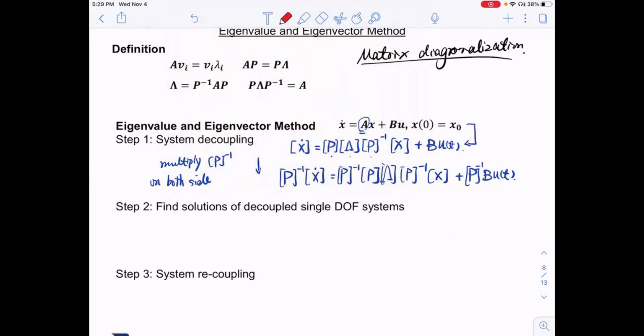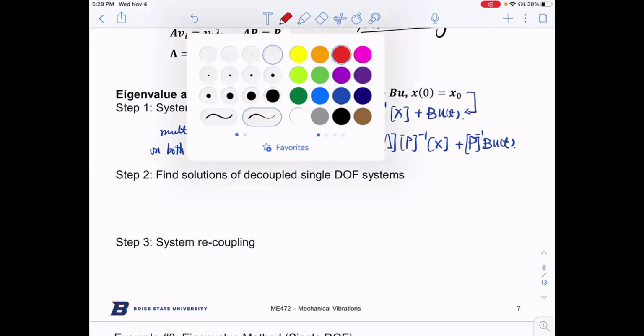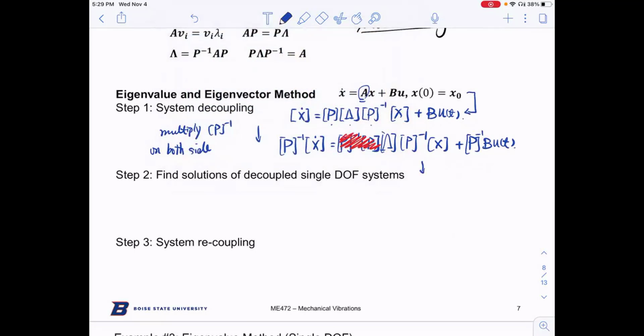As you can see, P inverse times P becomes the identity matrix, so you can cancel these out. And eventually what we got is P inverse x dot equals lambda P inverse x plus P inverse B u(t).